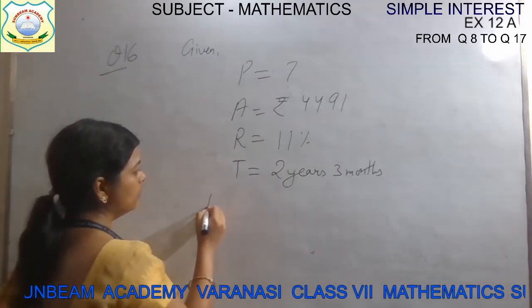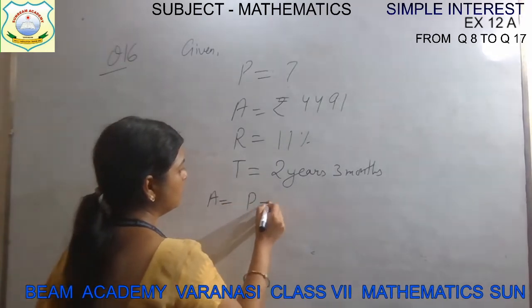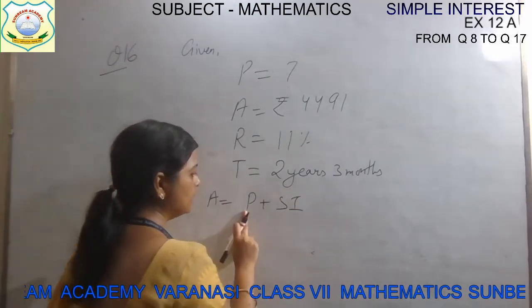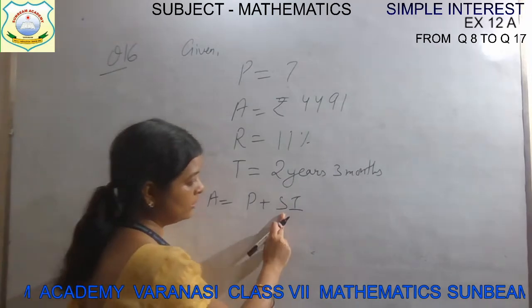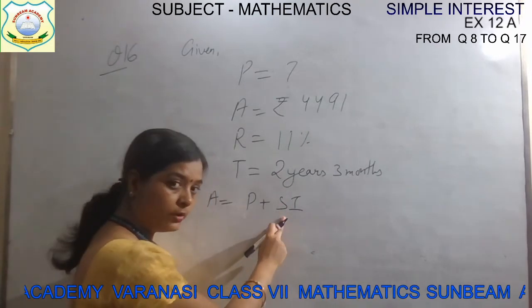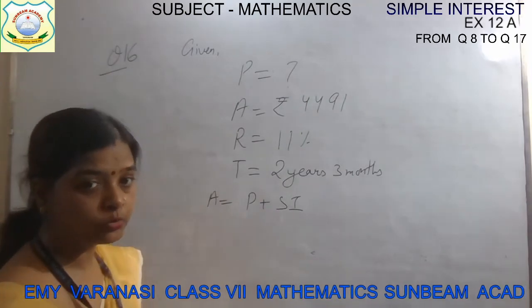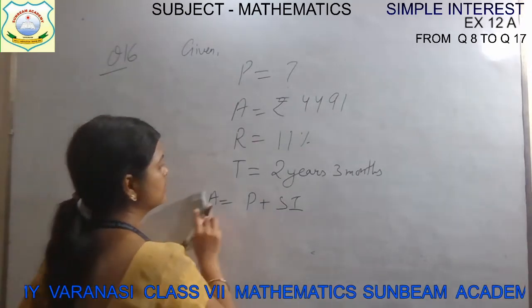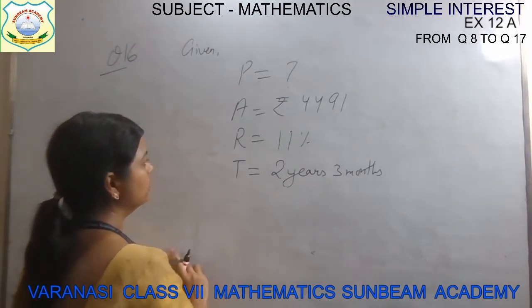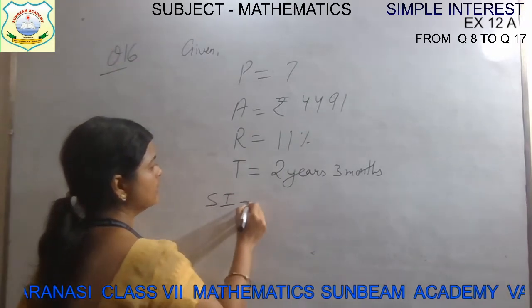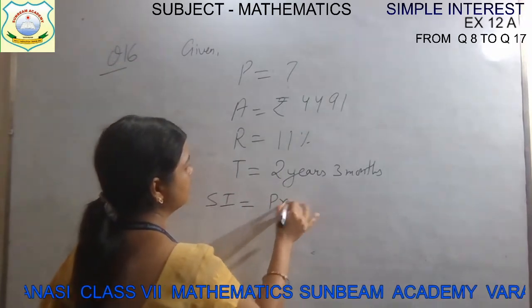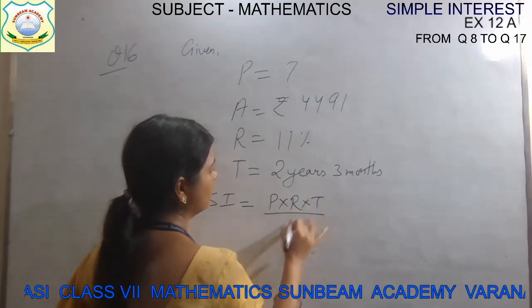Now amount is equal to P plus SI. Neither do we know the principal money nor the simple interest. So what will we do? We will relate them to solve this question. So first put the value: simple interest is equal to P into R into T upon 100.